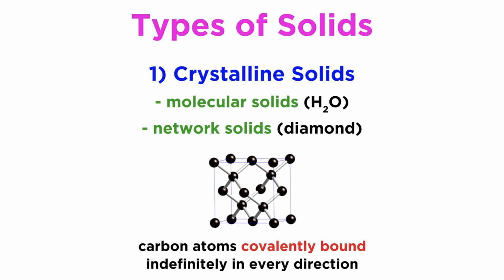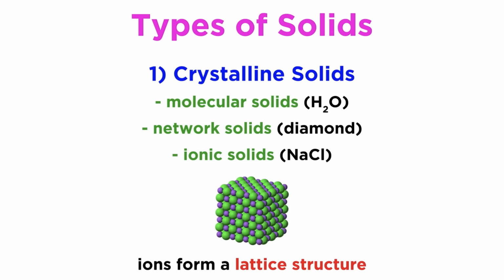Then with network solids, that would involve covalent bonding throughout the solid. So when carbon forms a diamond, that would be a network solid because covalent bonds connect every single carbon atom in the sample. Ionic solids involve ions that form a particular lattice so as to maximize electrostatic interaction between formally charged particles.